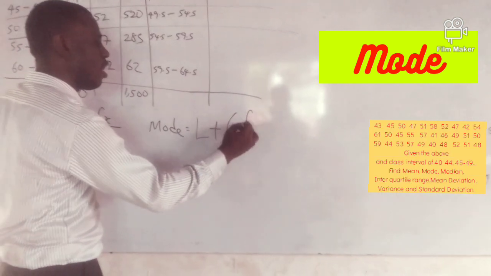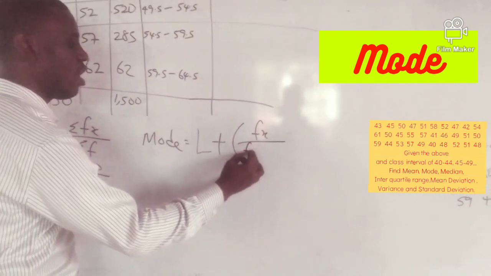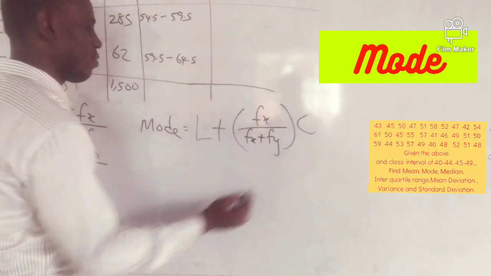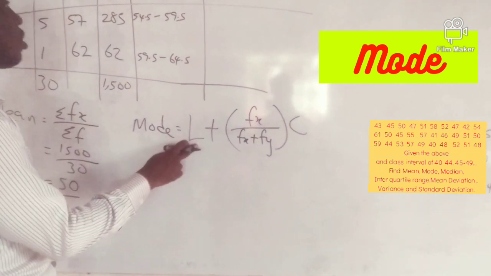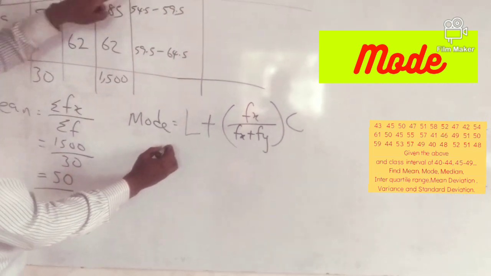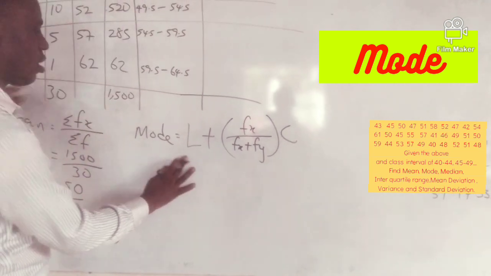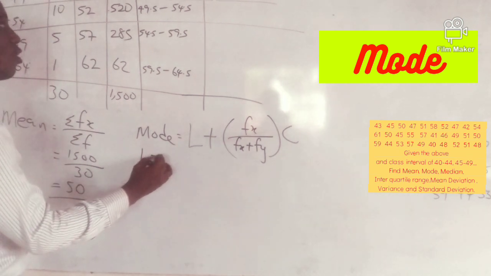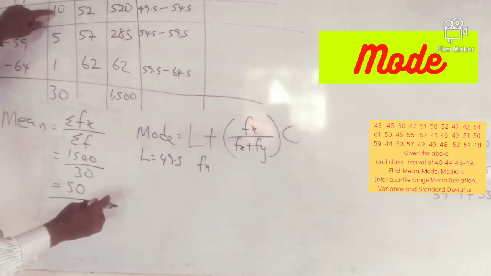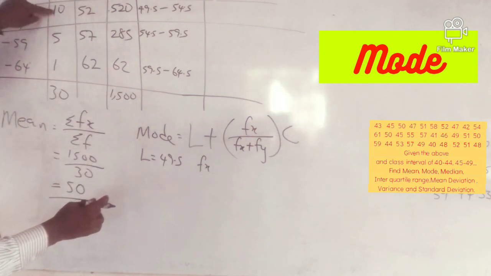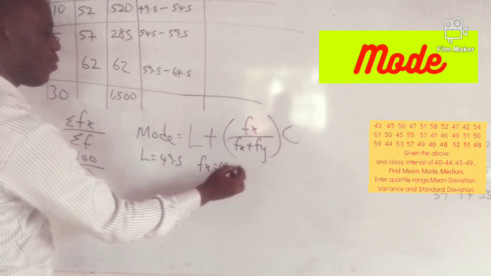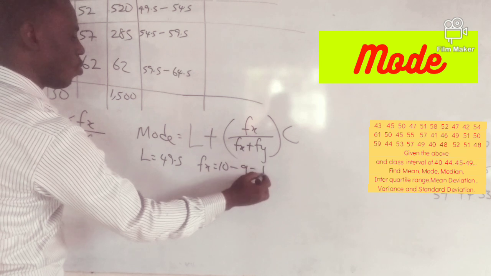For the mode: L plus fx over fx plus fy times c, where L is the lower class boundary of the modal class, which is 49.5. Your fx is the difference between the frequency of the mode, 10, and the frequency before, which gives 1.